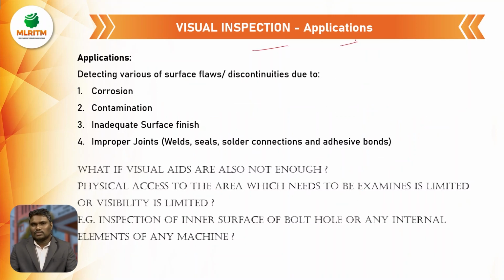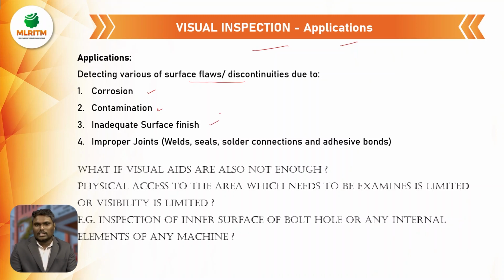Applications of visual inspection: it detects various surface flaws and discontinuities due to the following reasons. Corrosion; due to corrosion, defects can be detected. Next, contamination; contamination may happen, so that a defect occurs in the material.